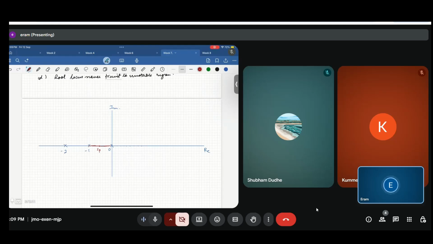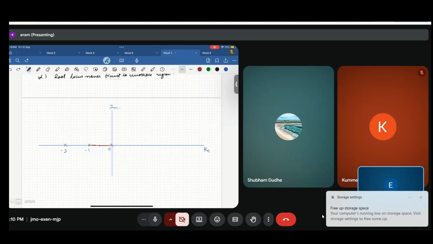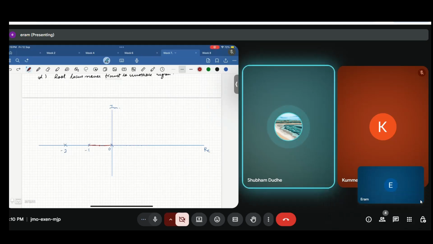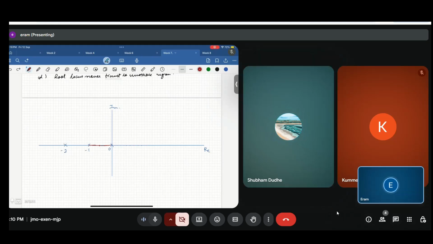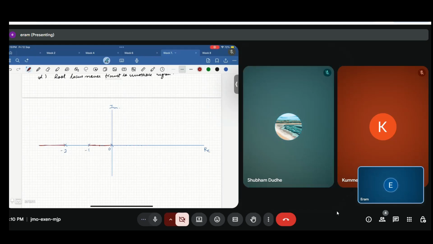So this real part will lie in the root locus. And what about the third case from -2 to -1? Not like that. So this will not lie, but this part will lie because we have on the right an odd number of poles. Okay, fine.